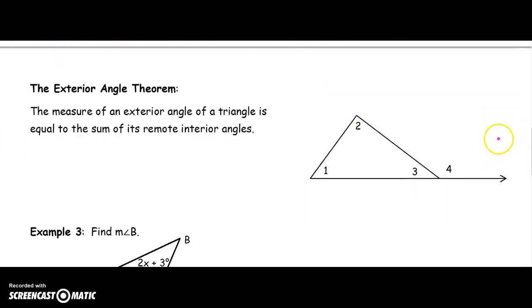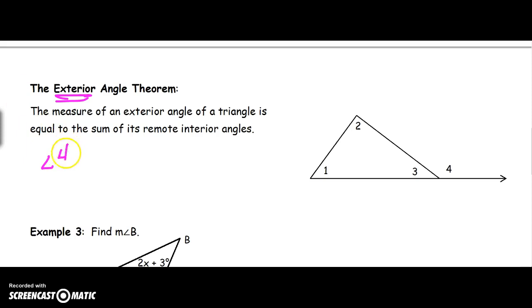The exterior angle theorem says the measure of an exterior angle of a triangle is equal to the sum of its remote interior angles. Notice here we have 3 angles within our triangle and 1 on the outside, that exterior angle.